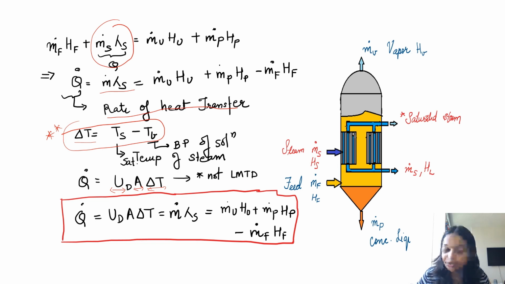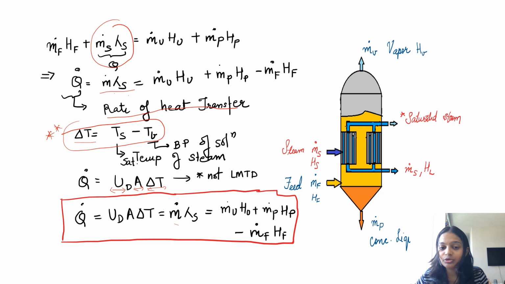From this equation, we get the design equation of the evaporator, that is q equals U A delta T, which is also equivalent to ms into lambda s, the latent heat of steam, which is also equal to mv hv plus mp hp minus mf hf. So this is the design equation.